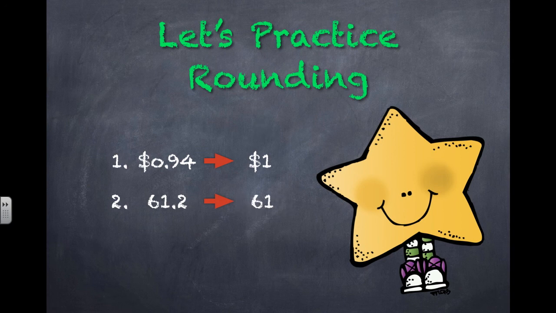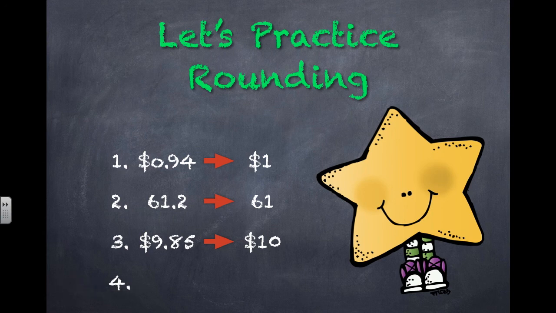It's closer to 61 than it is to 62. Number 3, $9.85. If we round that, we get $10. $9.85 is closer to $10 than it is to $9.